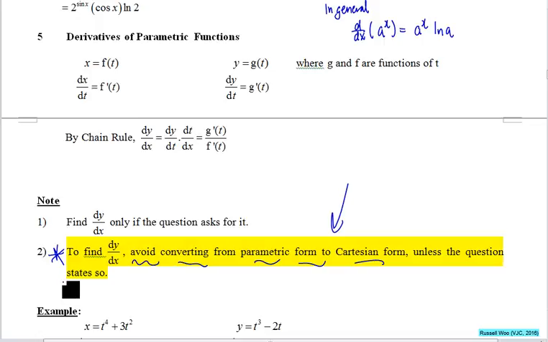If the question asks you to convert, then you just convert. If they don't ask you to, you will work from the parametric form. I know it's uncomfortable, but after a while you will be fine. Because the moment you convert, sometimes you face difficulty converting.